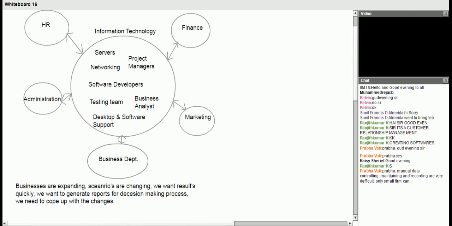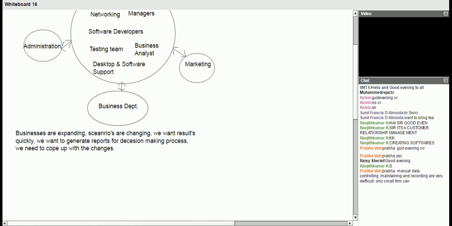Yes, exactly. I mean, another advantage we can say is time management or resolution time of the problem improves, or operational efficiency improves with the help of IT.